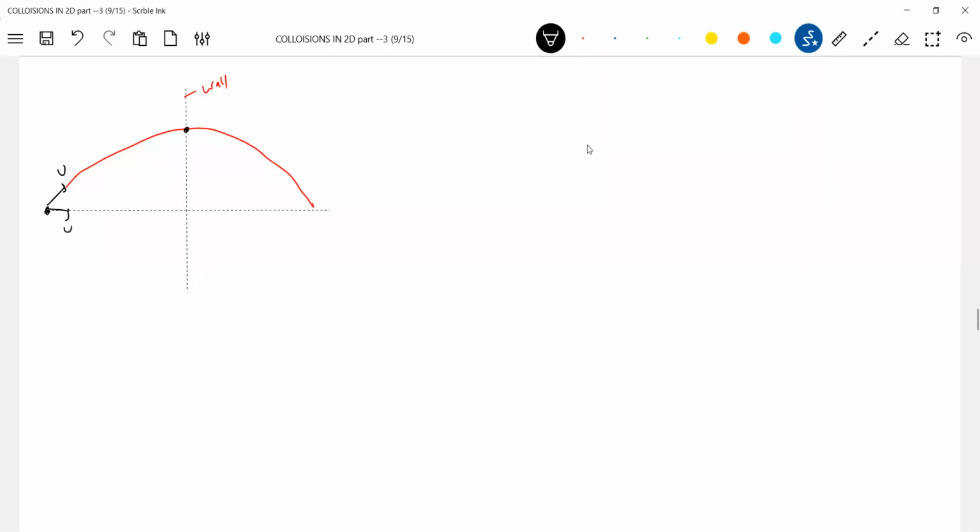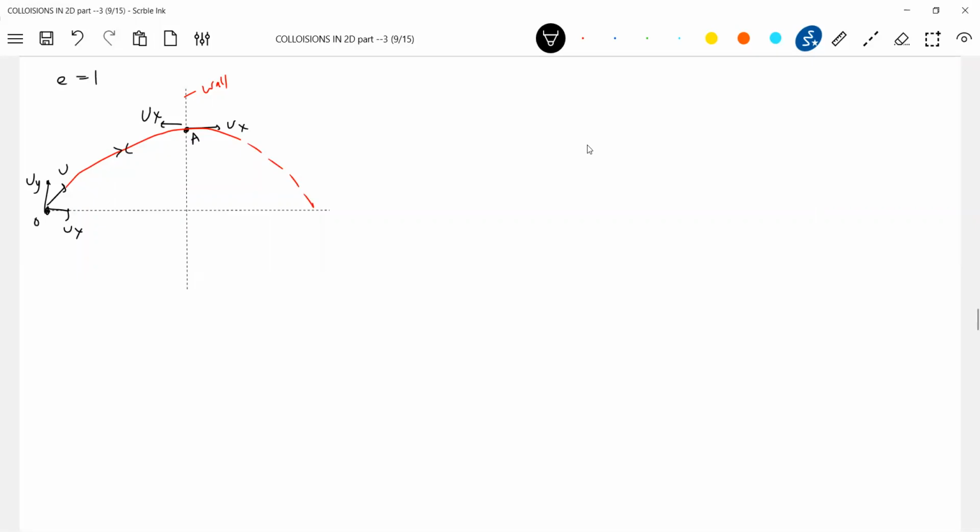So better you resolve this. It will collide with speed ux. This should have been the path if the wall were not there. Then it will rebound with the same speed, because I am putting e equal to 1. So it will retrace its path.